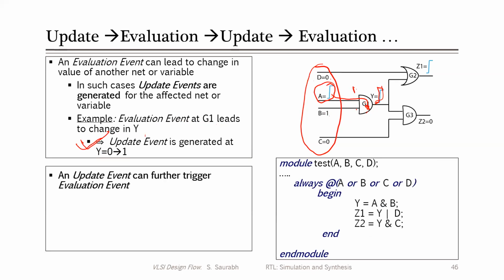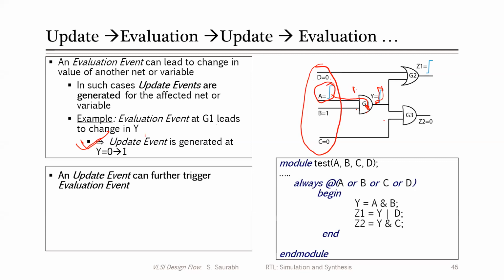And now an update event can trigger further evaluation events. Now Y is changing, so because of the update event at Y, what evaluation events will be created? Any answer? Sir, at G2 and G3 evaluation events.